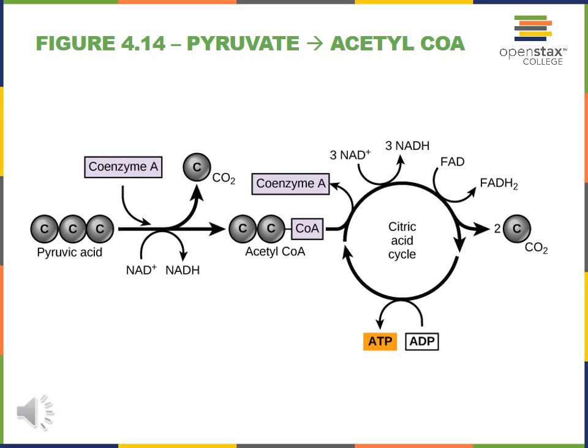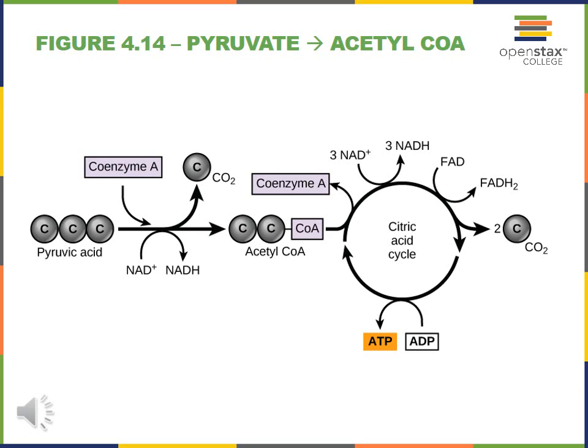If you're older like me, you've probably heard this called the Krebs cycle, or other textbooks that you have might say the Krebs cycle. This is the same thing. So citric acid cycle and Krebs cycle are the same thing.